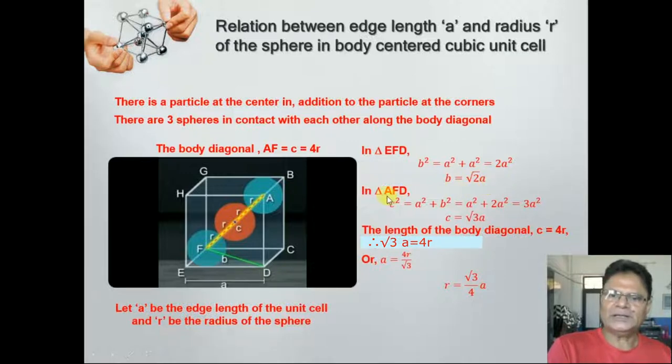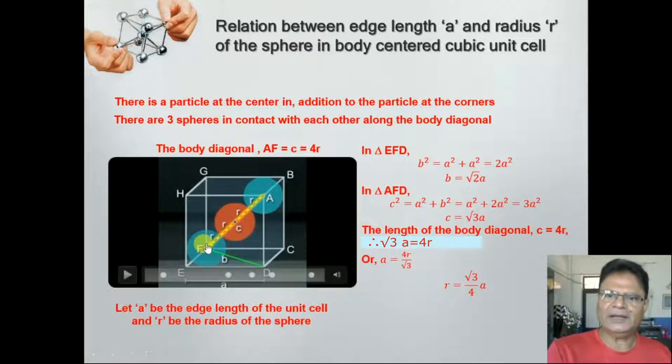Now, consider triangle AFD. AF is the body diagonal, FD is the face diagonal b, and AD is the edge length. Now AF square, that is c square, is equal to FD square, that is b square, plus AD square, that is a square.